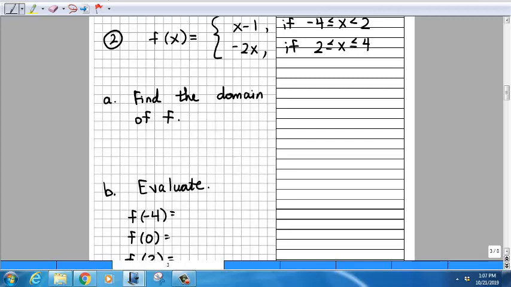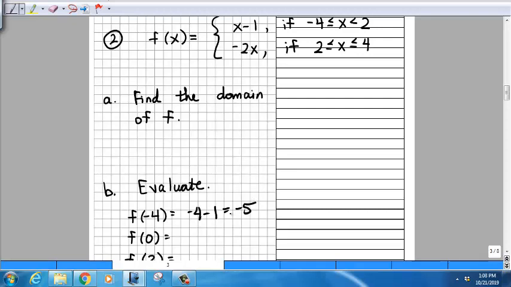So minus 4 satisfies which of these inequalities? Yeah, the first one, right? Because minus 4 is bigger than or equal to minus 4, but at the same time, less than 2. So that's easy, right? To evaluate f of minus 4, you just plug it into x minus 1. So we get minus 4 minus 1 is minus 5.